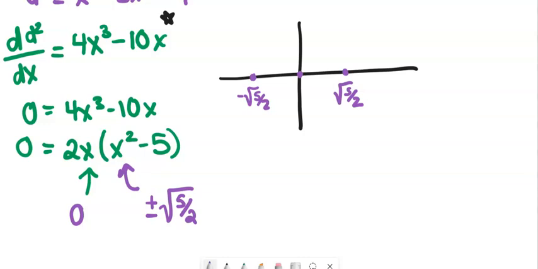And this function is a cubic function with a positive first term. So I'm going to start in this quadrant. I'm going to go up, down, and up. Okay, so when I am going from a negative to a positive, that gives me a minimum.